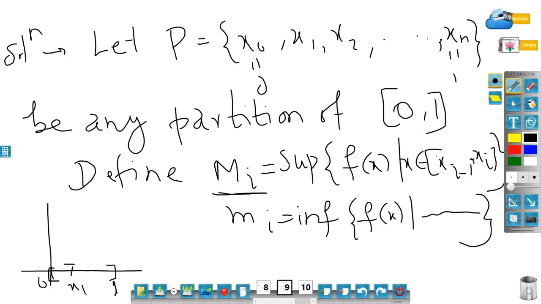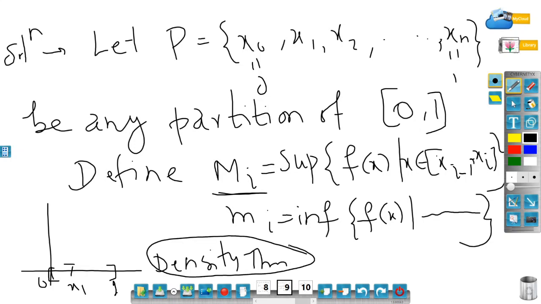In fact, there is a nice theorem called the density theorem, which you may search for. It says that between any two rational numbers there are infinitely many rational as well as irrational numbers, and between any two irrational numbers there are infinitely many rational as well as irrational numbers.